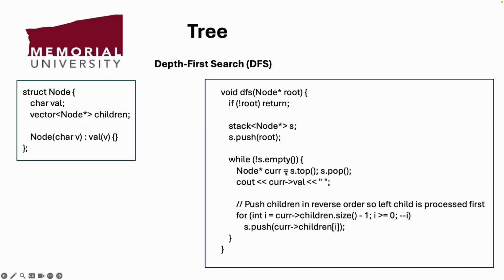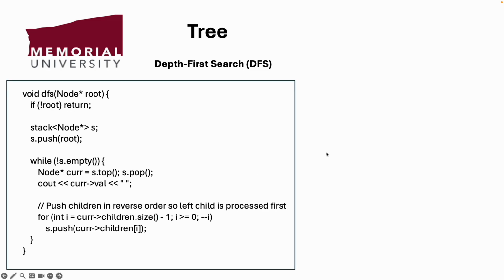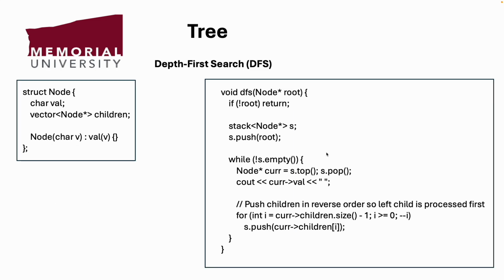If not, it takes the current node from the top of the stack and pops it, and then pushes the children in reverse order so we keep the left to right principle. So this code is exactly the same as pre-order traversal.